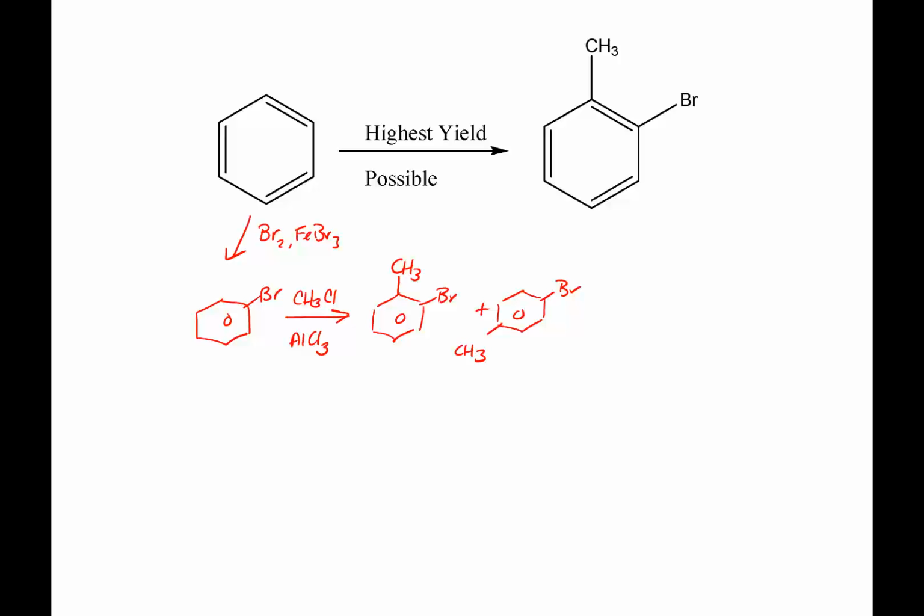So if I'm working at this company and I go, oh, okay, here's my method. This is how I'm going to make the orthobromotoluene for the customer. You take it to your boss, and then they fire you. Well, they should probably ask you one question first. What are you going to do with all this?